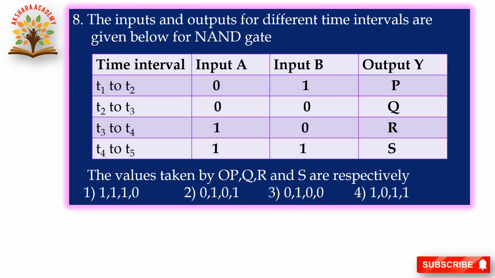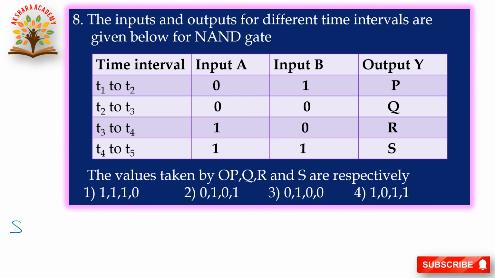See this, time intervals, input A, input B and output Y. Now I will discuss. Here O, P, Q, R, S, time taken by O, P, Q, R, S. This is the outputs of P, Q, R and S. I will go to the solution.